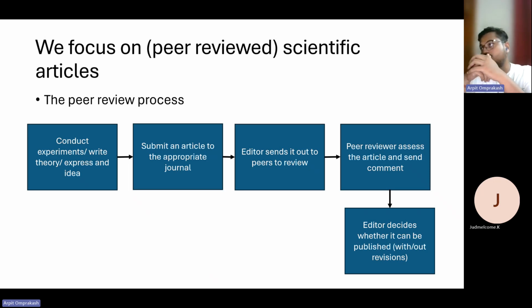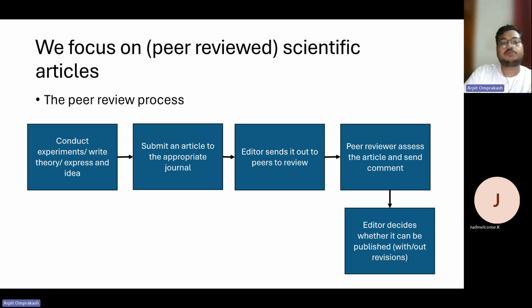The peer review process ensures that what you have written up and done is correct. Other people who are your peers review your work and say whether the experiments you have done are good enough, and whether the results or conclusions you are drawing from your study are good enough, so that you can get it published and share it with the whole wide world.